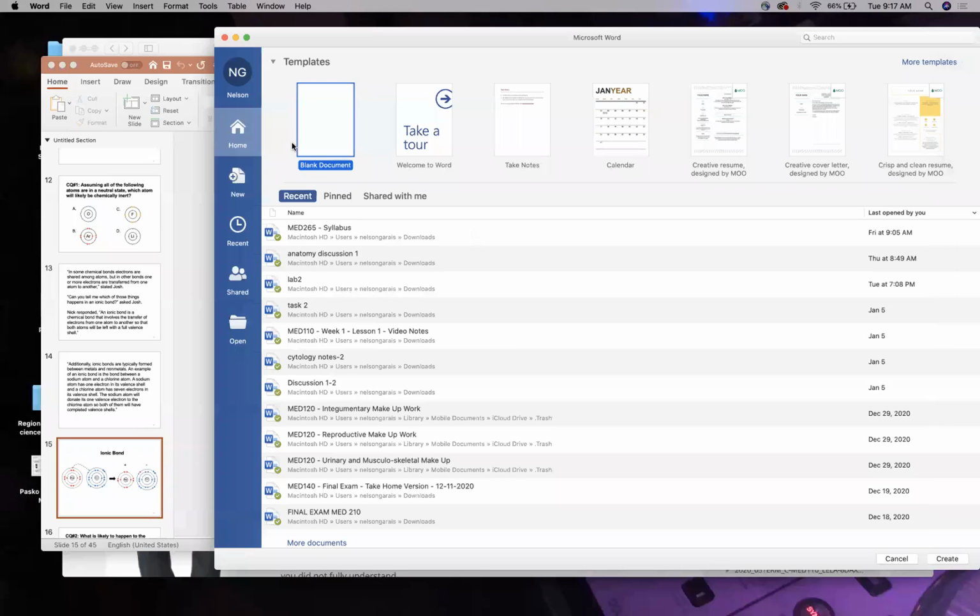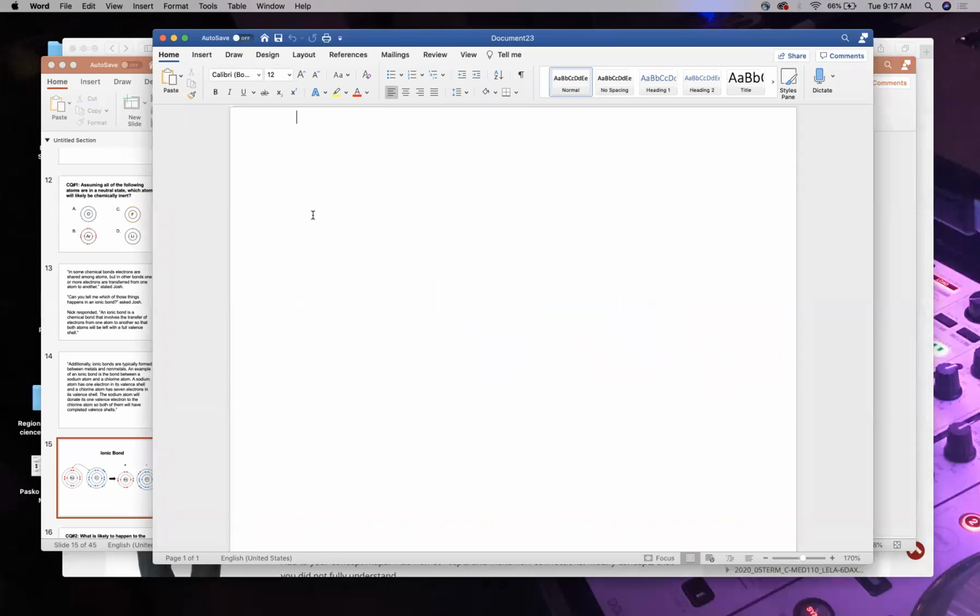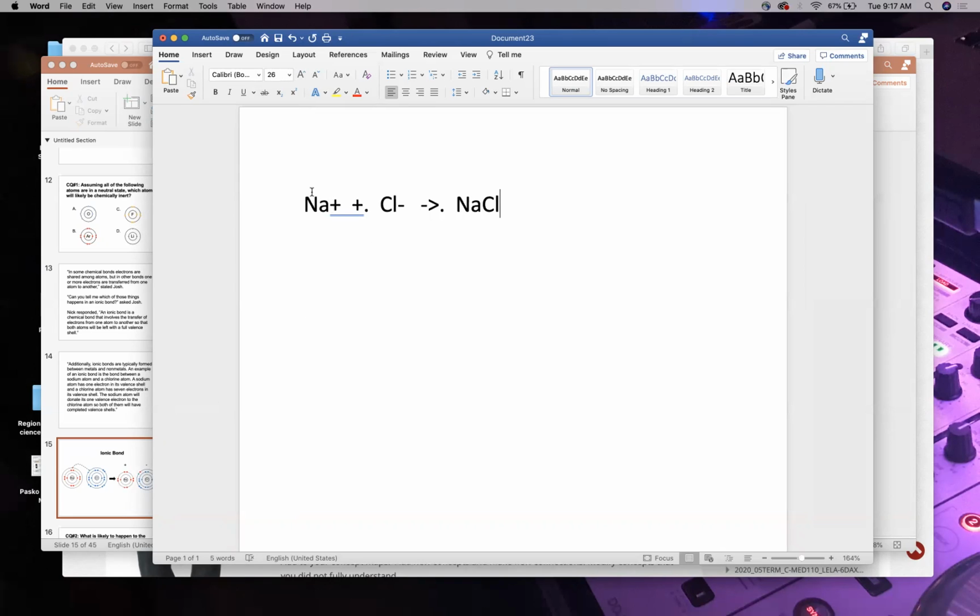So here's an example of what it looks like in chemistry. You have Na plus, and then of course I add it with chlorine as negative, and that will yield sodium chloride. Now, you might see things like this in chemistry all the time. You have an H plus and a Cl minus.